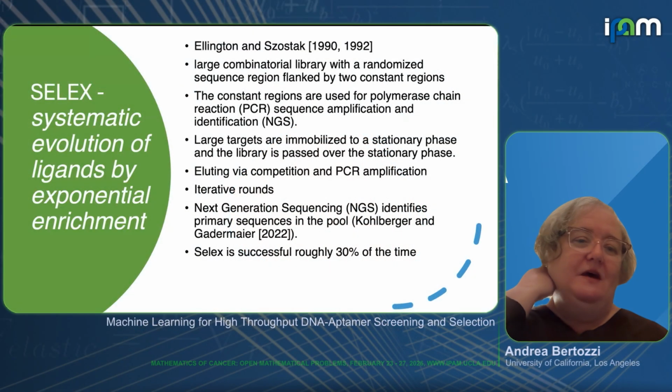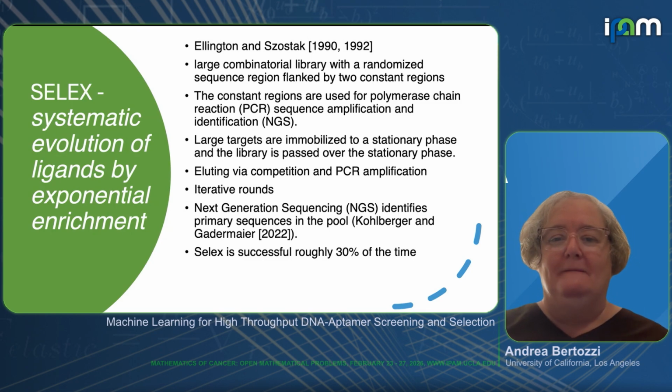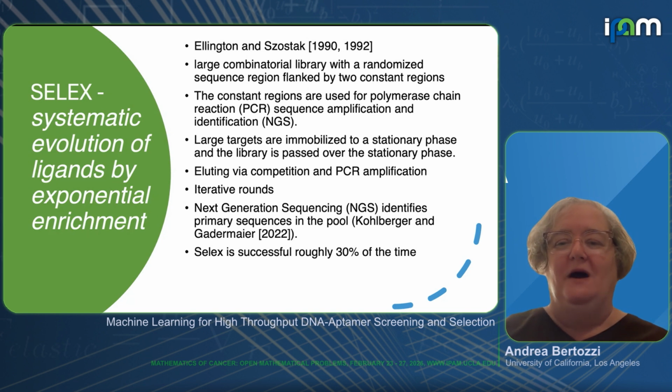Okay, so the method that we're working with is called SELEX, systematic evolution of ligands by exponential enrichment. This goes back to the 1990s. The process, as I said before, starts with a combinatorial library with randomized sequences, typically flanked by two constant regions, which are useful to have for this process, and they may also be useful for other aspects of the chemistry.